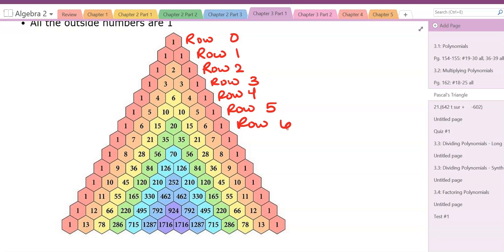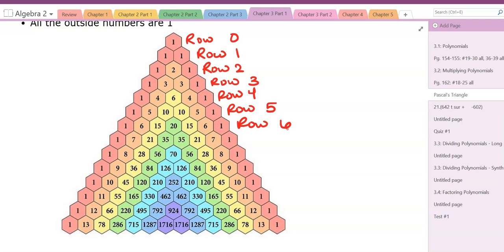Now the chances of us going beyond even row 6 or row 7 are not super likely. Most of the time when you're doing a problem like this, you're going to deal with an exponent of like a 3, a 4, a 5, something like that. What we use this for is those numbers up there represent the coefficients when you expand a binomial.